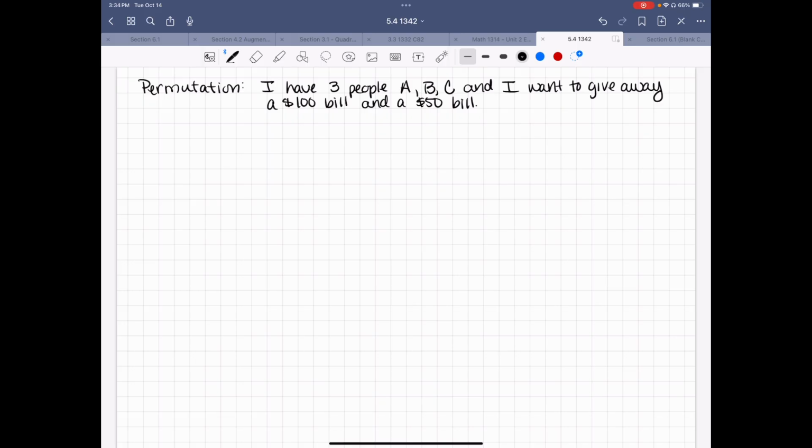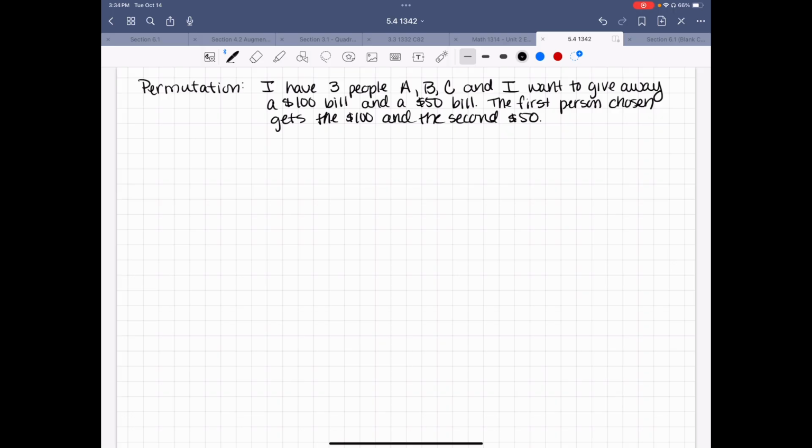The first person I choose gets the 100, and the second, the 50. And of course, if you don't get chosen, you don't get anything.